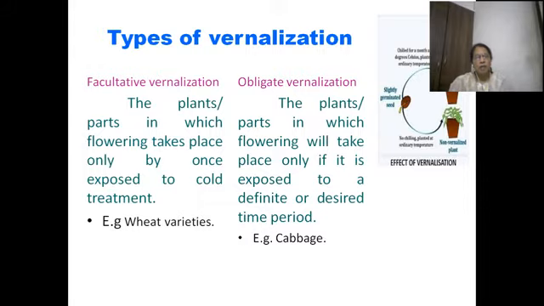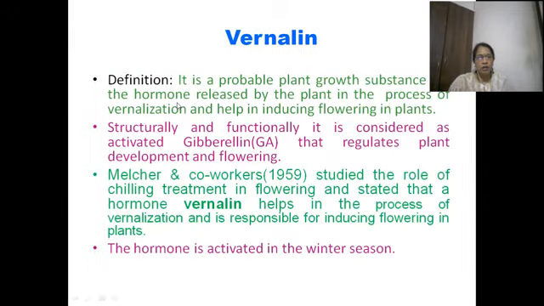So some plants or their parts will flower only if they are exposed to a particular desired or definite time period, then only they will flower. For example, cabbage has a particular time period in which cold conditions should be provided, then only they will flower. But this does not happen in the case of facultative vernalization.